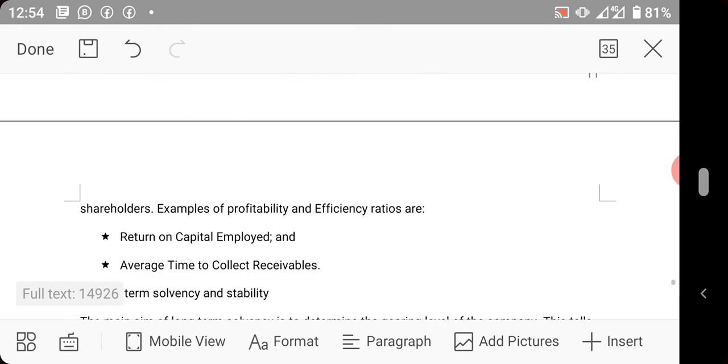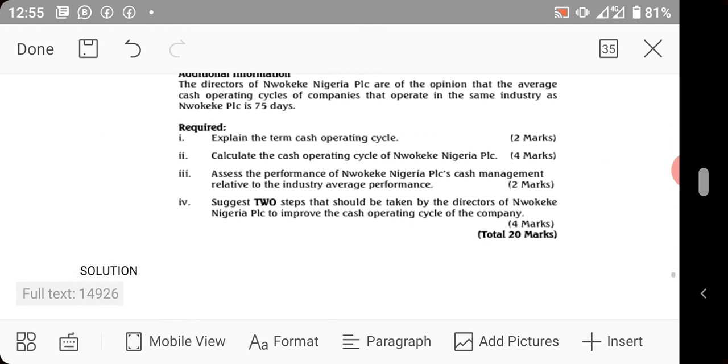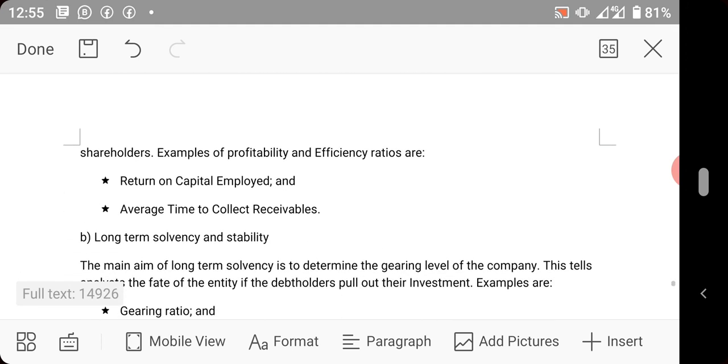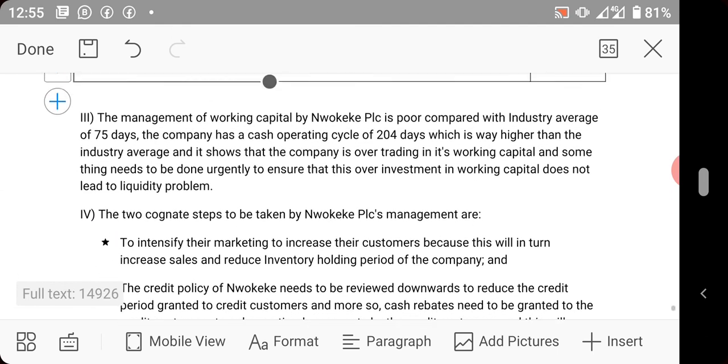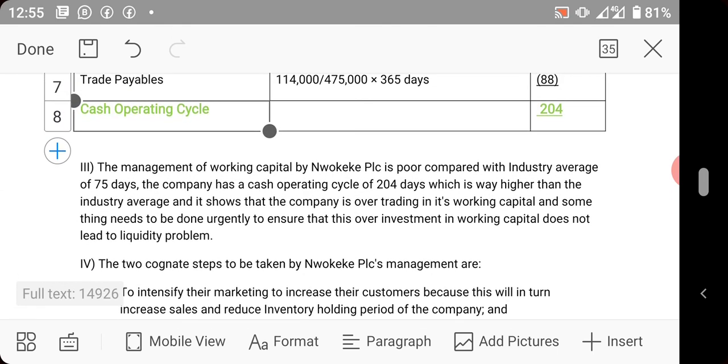So we'll go to III and look at what it told us to do. Assess the performance of Nwokeke Nigerian PLC's cash management relative to the industry average performance. So how do we do that? We'll come down here and assess it. The management of working capital by Nwokeke is poor compared with the industry average of 75 days.